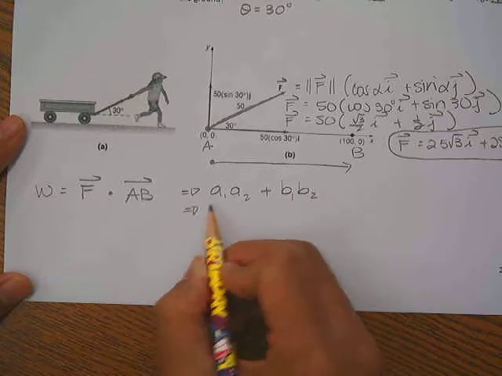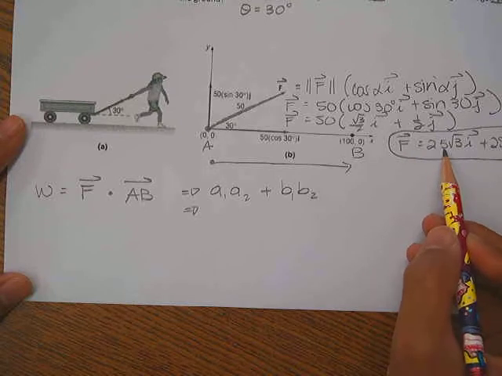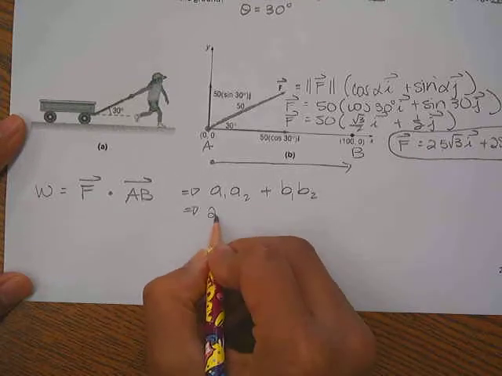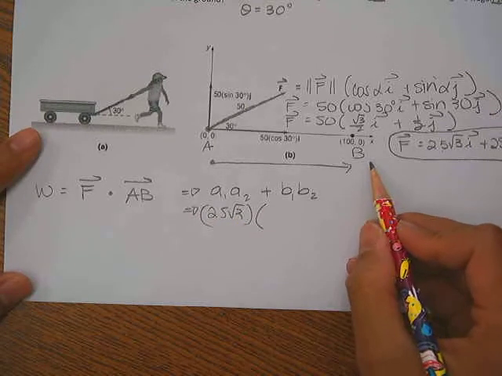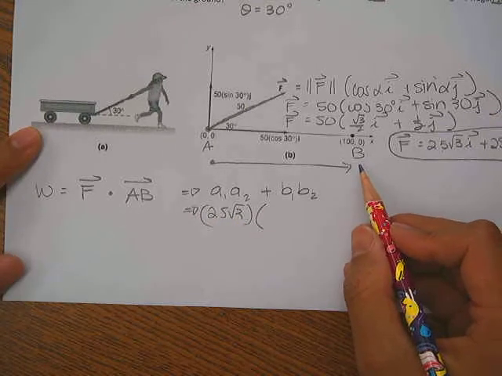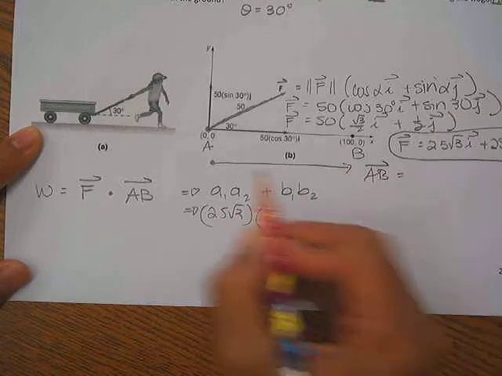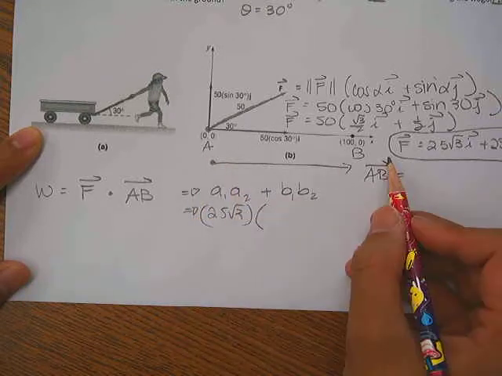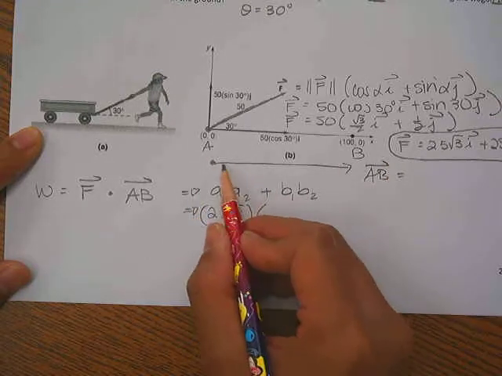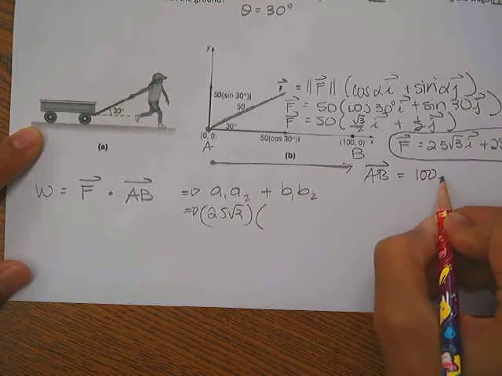My A sub 1 is going to be this one, 25 root 3. A sub 2, oh, we never wrote an equation for this one. Vector AB equals, there's no vertical, so we are not going to have any j element in here, but we do have 100 units this way to the right, so the positive 100i.